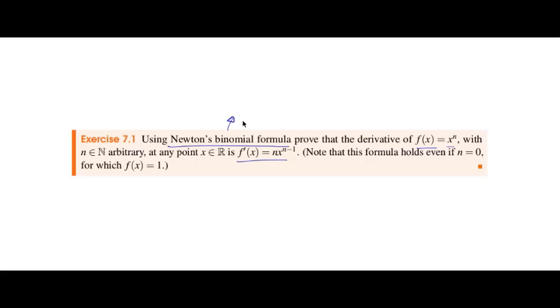Remember that Newton's binomial formula is: x plus y to the n is equal to the sum from k equals 0 to n of n over k, the binomial coefficients, times x to the k, y to the n minus k.